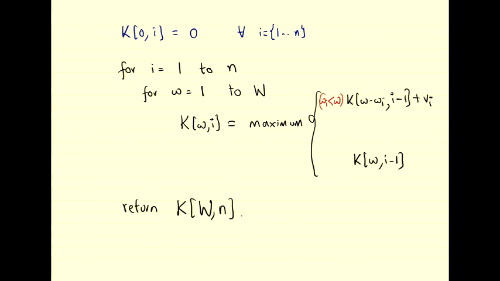Any questions on this? Yes. When you make the call to K of W, i minus 1, if your W is non-zero, won't that give you some uninitialized value?